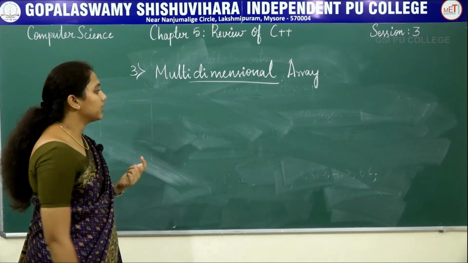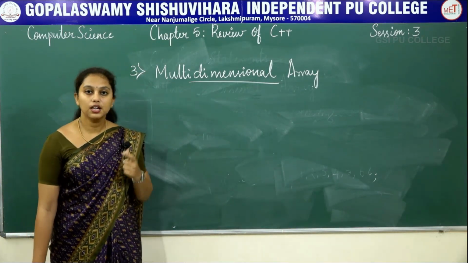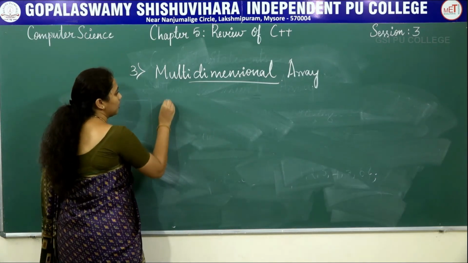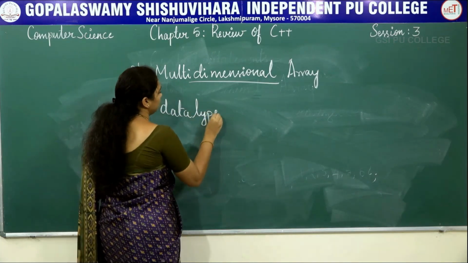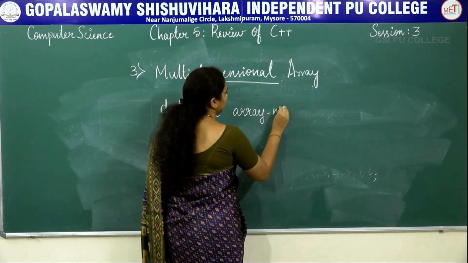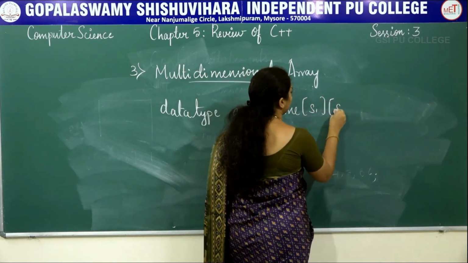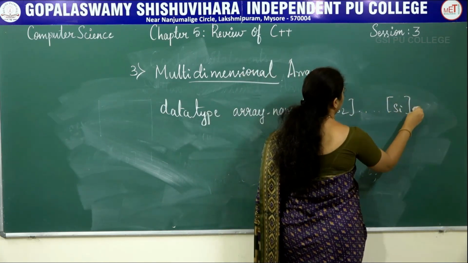An array with n dimensions is called a multi-dimensional array. The declaration syntax is data type, array name, S1, S2 up to Si.